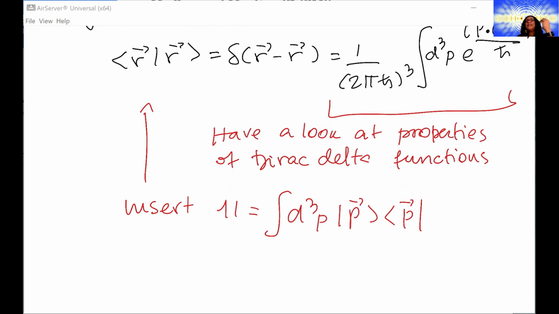This is a good example of how powerful these closure relations are, because what we're doing now is trying to move from one basis to the other, to see what p means in the r representation, right?